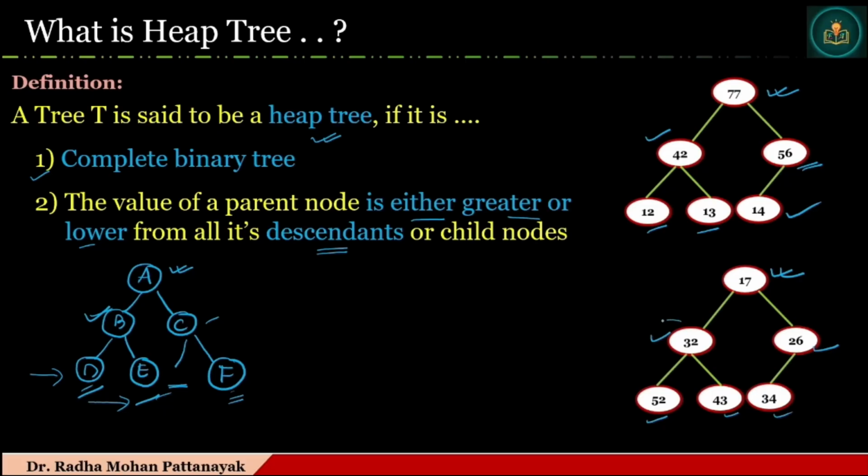And in this subtree, the value of 32 is less than 52 and 43, right? Similarly, in this subtree, the value of 26 is less than 34. Means the value of a parent node is smaller than all its descendant nodes in this figure, and in the other figure the value of a parent node is greater than all its descendant nodes. That's why you can say these two trees are heap trees.